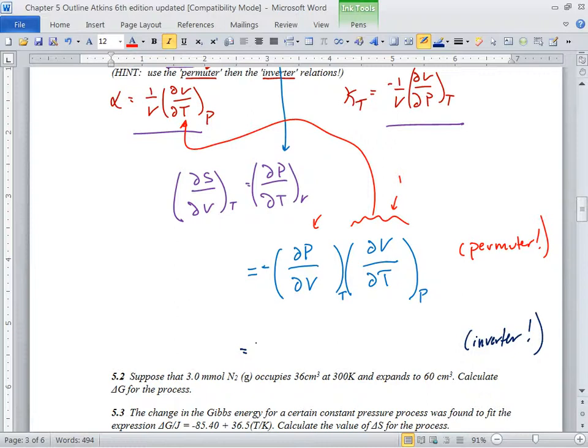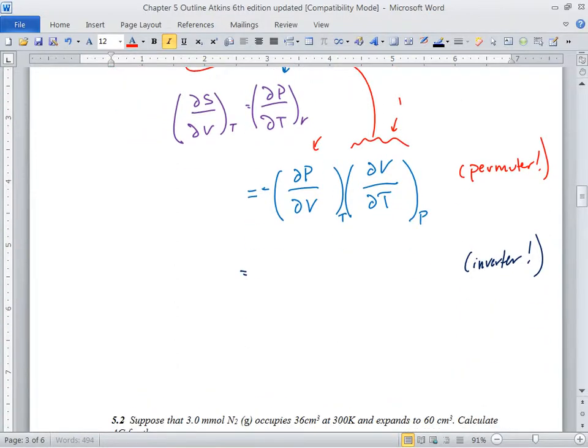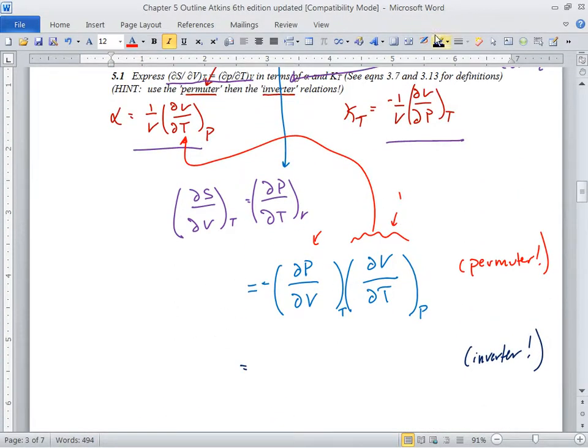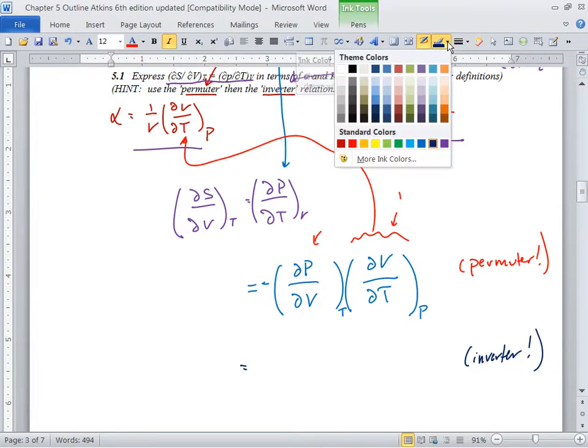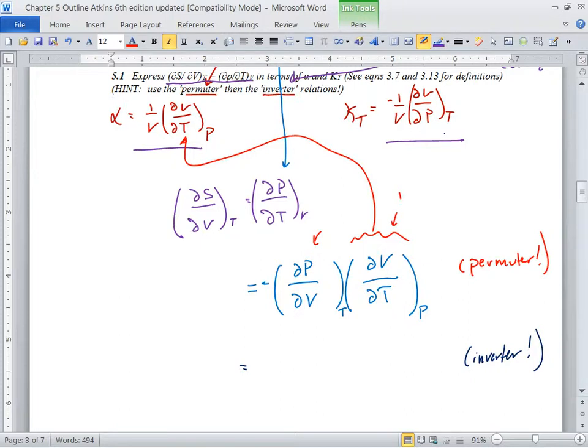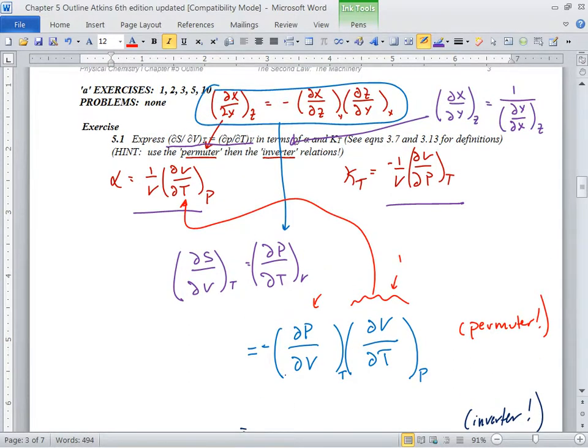Write the inverter, but apply it to this partial derivative only. Leave this one alone. Here's the inverter.